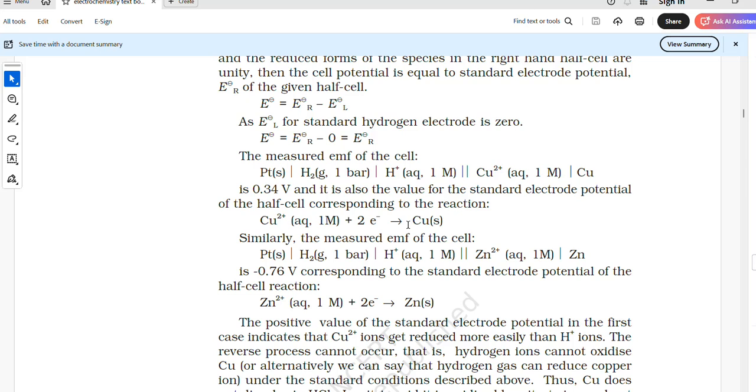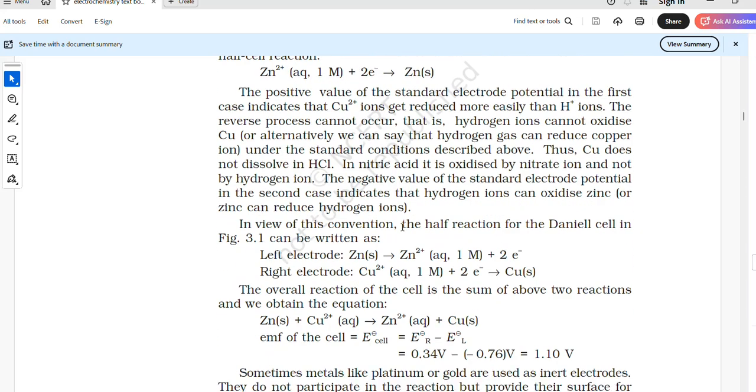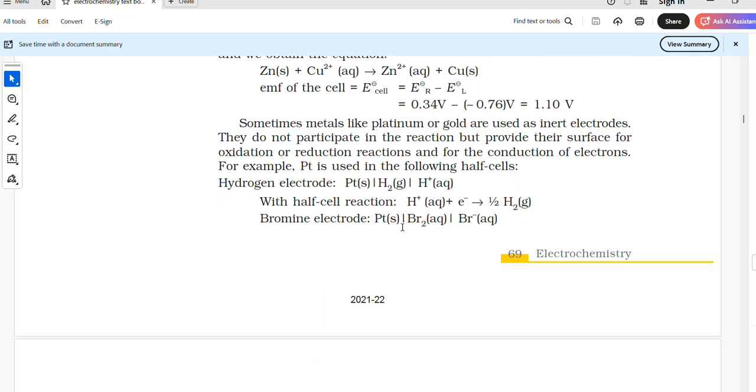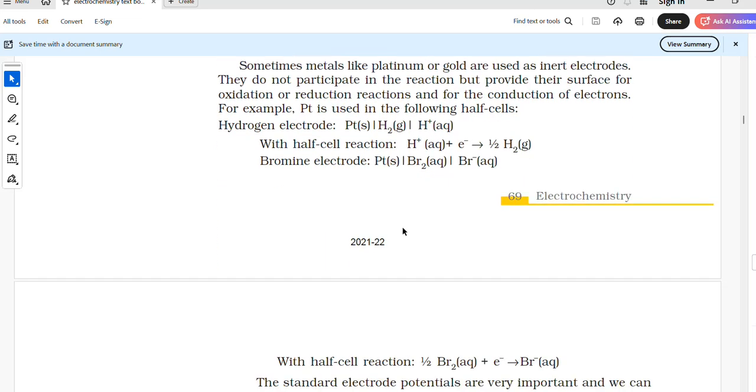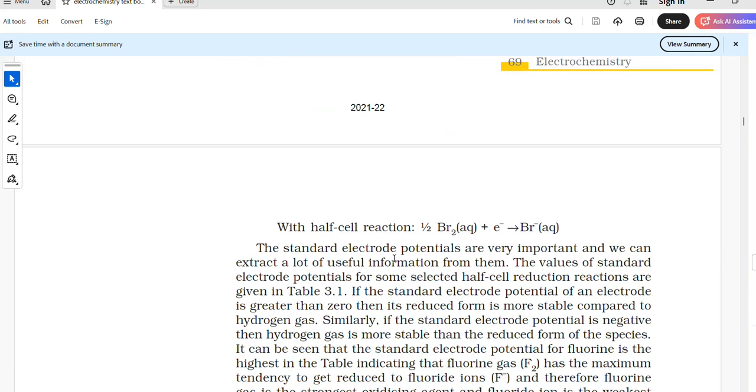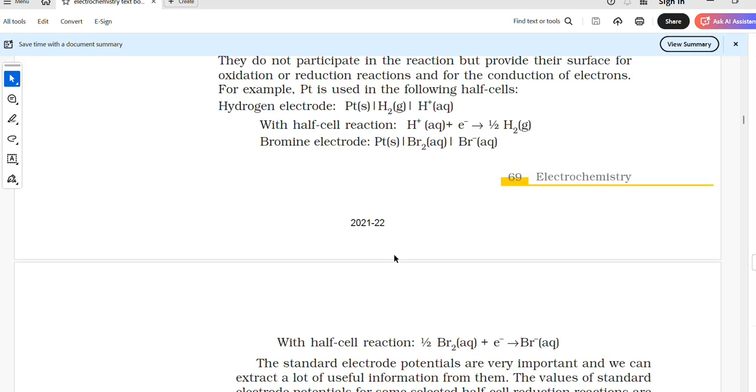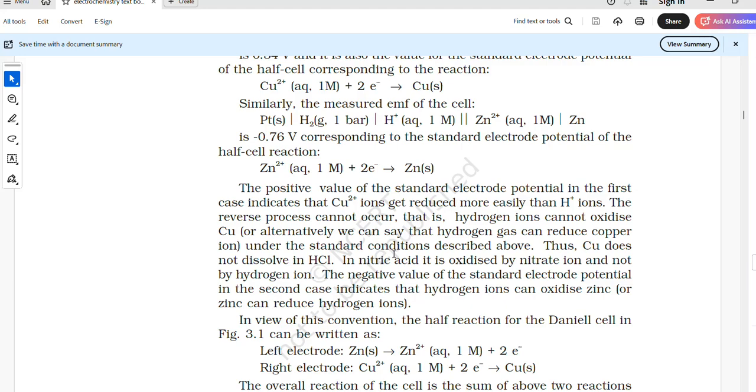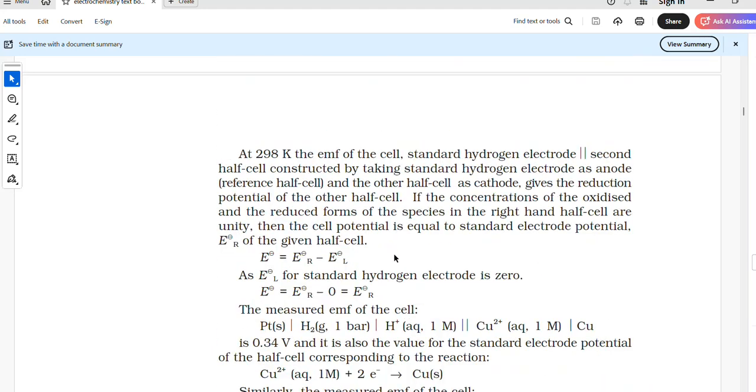From this we establish the cell equation, and also the cell notation followed by the cell equation. We also know about the Nernst equation for electrode potential as well as for the electrochemical reaction. Okay. So these are the things we discussed in the previous class.